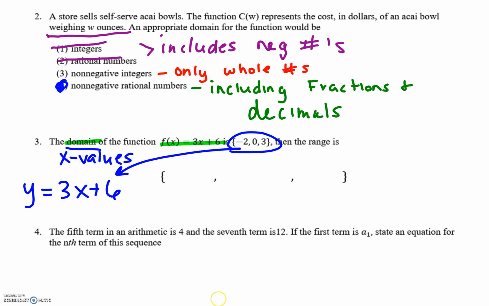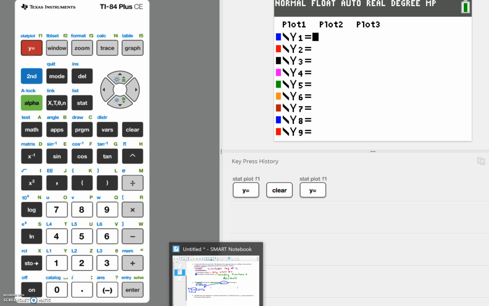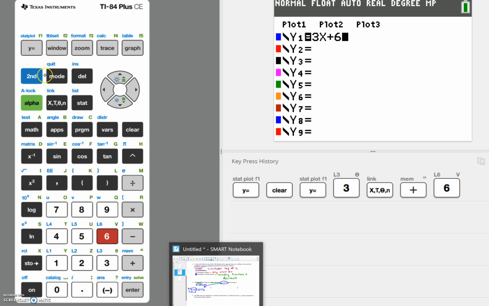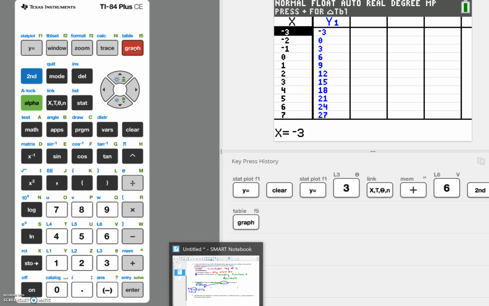So for here, I'm just going to move the screen. We're going to hit y equals, and then we're typing in 3x plus 6. 3x plus 6, second graph.